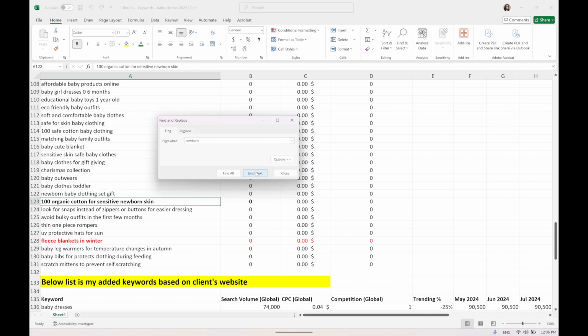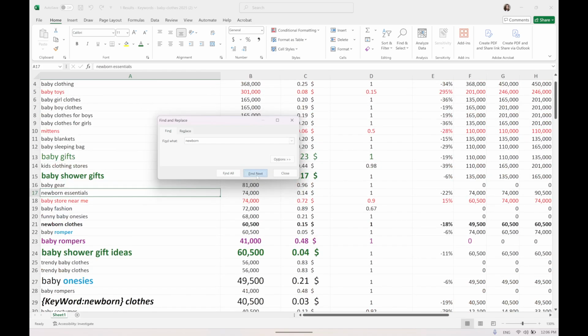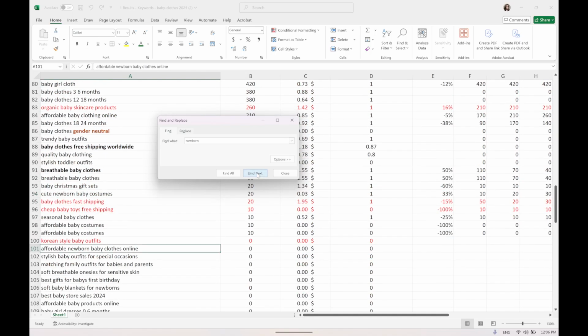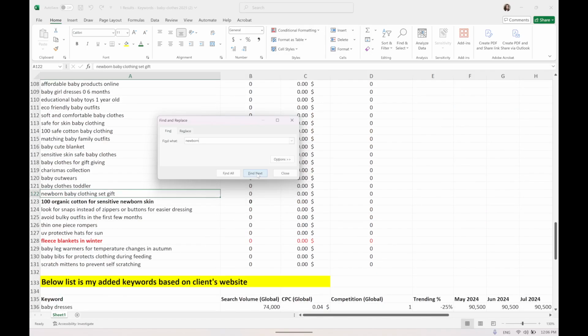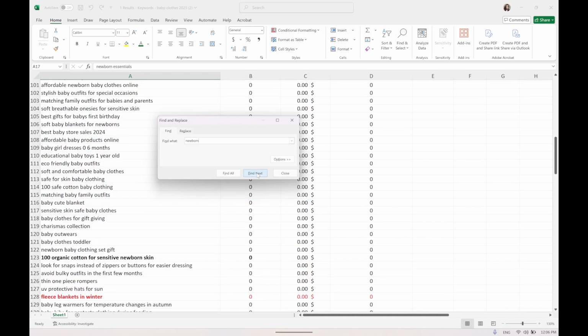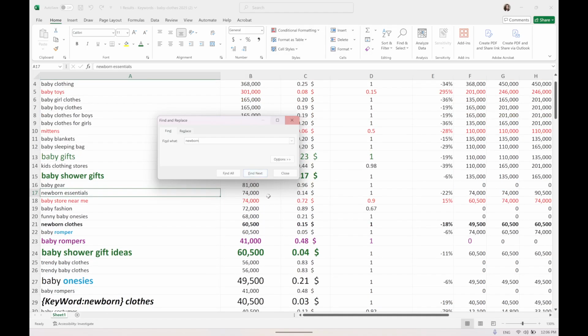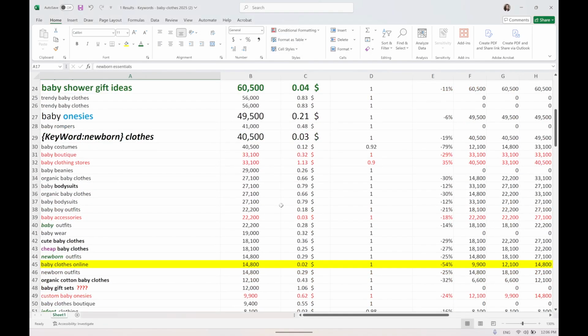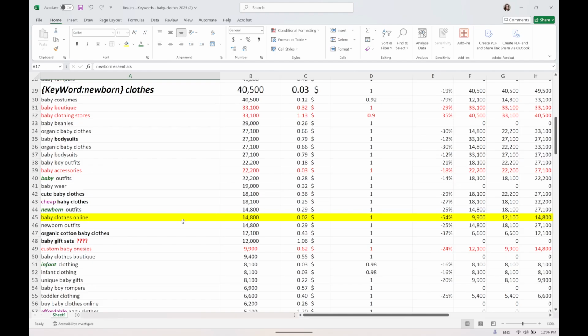No, okay, I had a feeling. Oh, wait a minute. Was that in newborn something? I just can't believe that a newborn clothing or clothes has such a low CPC.